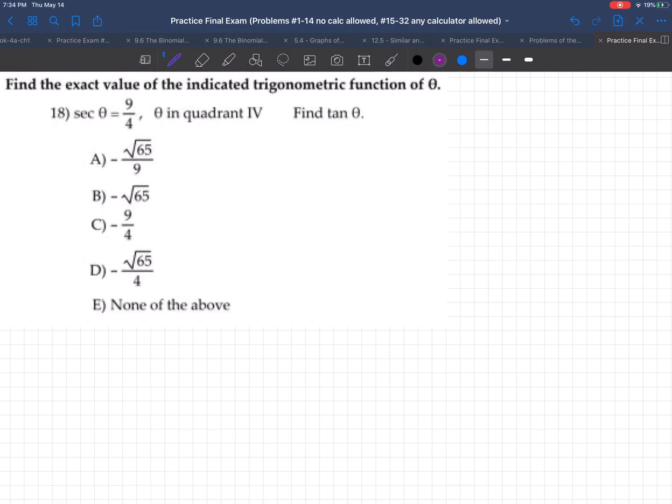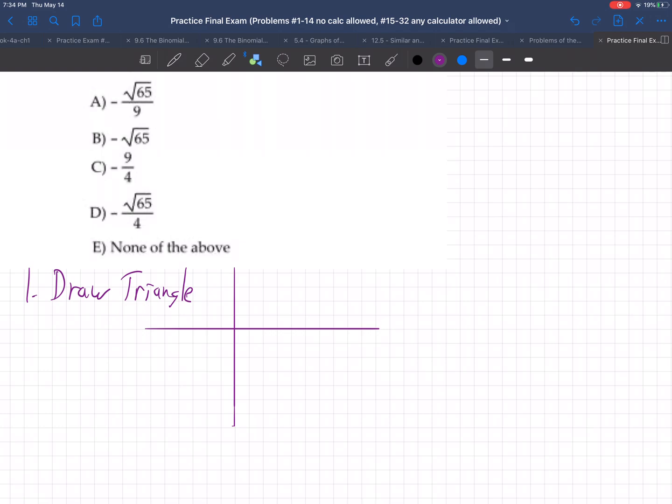Step 1, you need to draw the triangle. So I'm going to draw the triangle in the correct quadrant. So this one's quadrant 4. There we go. There's a right angle.